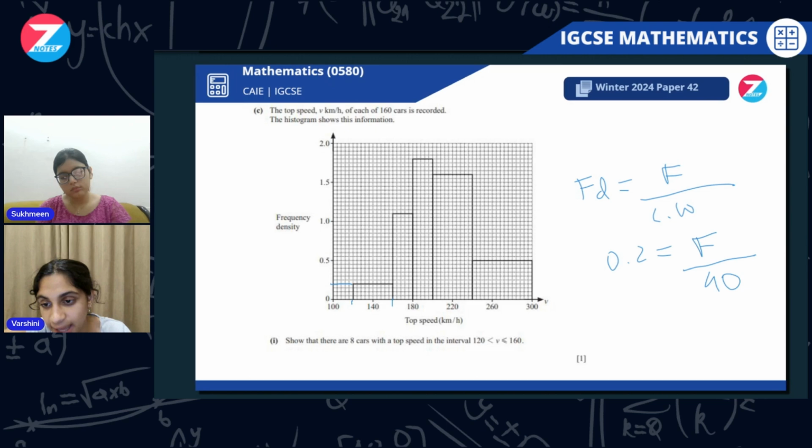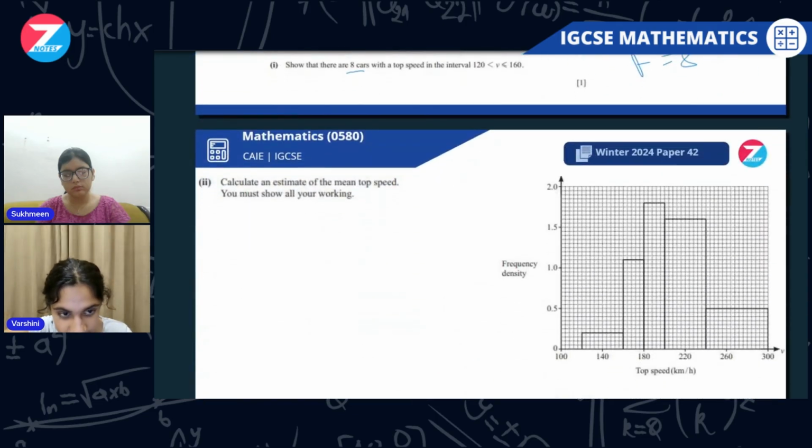To make F the subject of the formula, we multiply both sides by 40, which will be 0.2 times 40. If you put that in your calculator, you'll get 8, which is what they want us to show. F equals 8. Okay, to the next question.